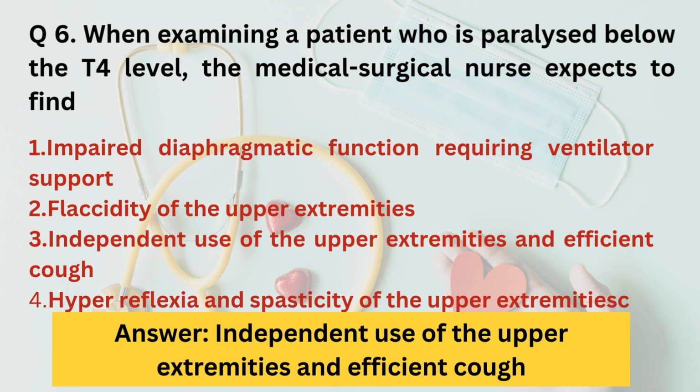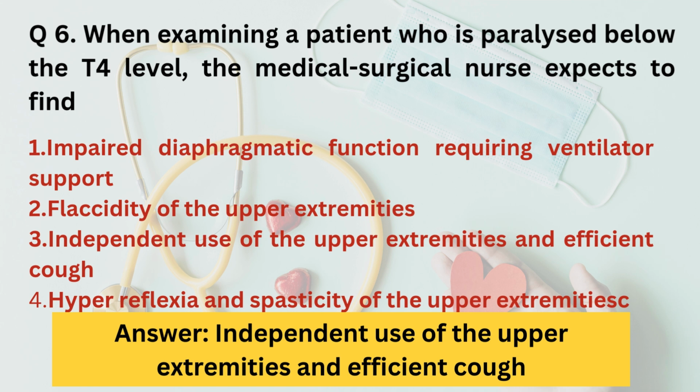Here is why. Paralysis below the T4 level means the spinal cord injury occurs below the 4th thoracic vertebra. This results in paraplegia, meaning paralysis of the lower limbs, that is legs. The spinal nerves controlling the diaphragm and upper extremities originate above the T4 level.